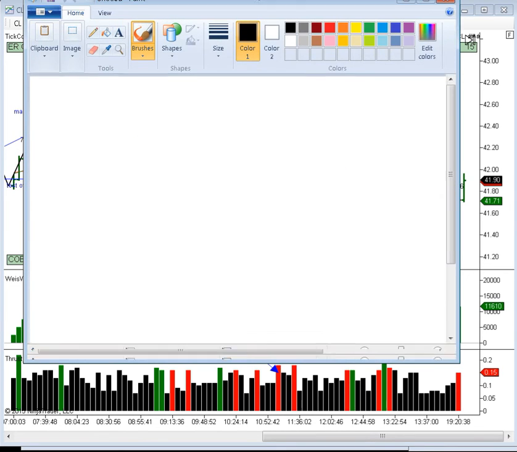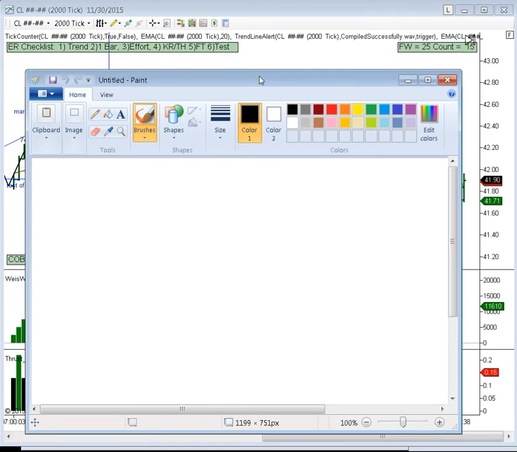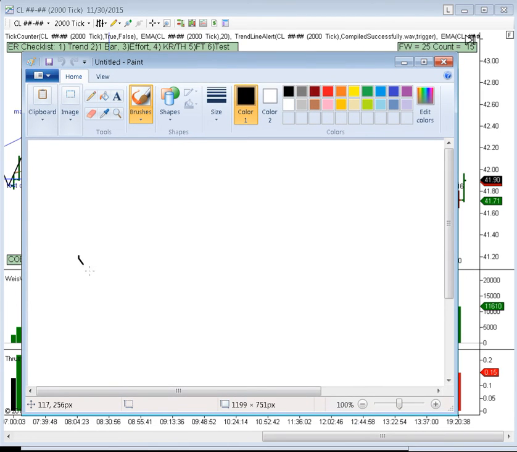Many of you have already seen this chart, this simple graphic, right? This is what they call accumulation. This is markup. This is distribution.